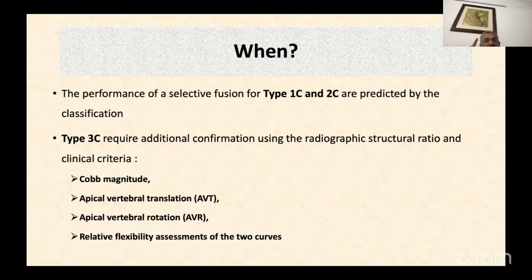Whereas in type 3, both the curves are structural, the thoracolumbar and the lumbar curve. You have to be very, very careful when you are doing a selective fusion. The radiological and clinical criteria, which I am going to discuss later, based on the Cobb magnitude, AVT, AVR, have to be very properly met before you decide that you will be able to do a selective fusion in a type 3 Lenke curve.